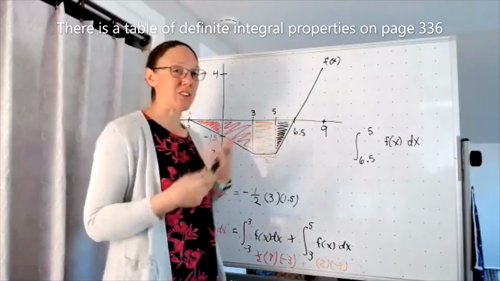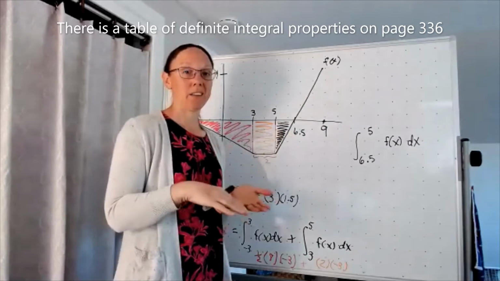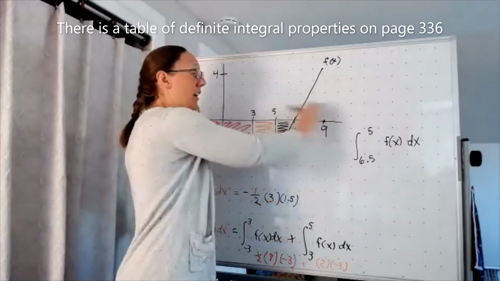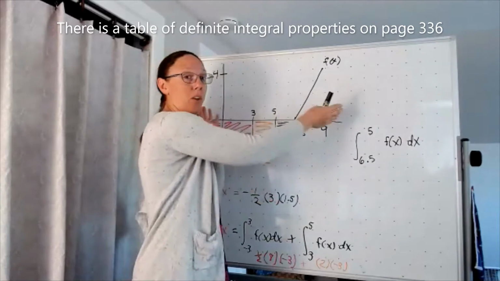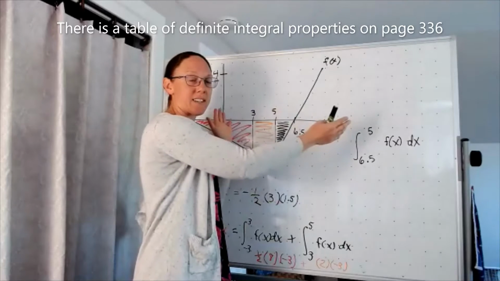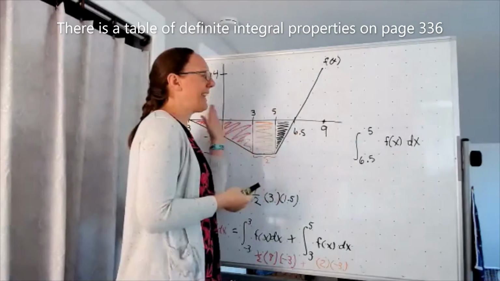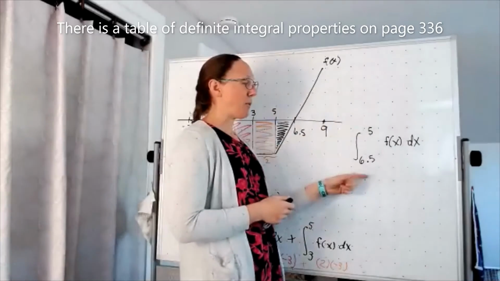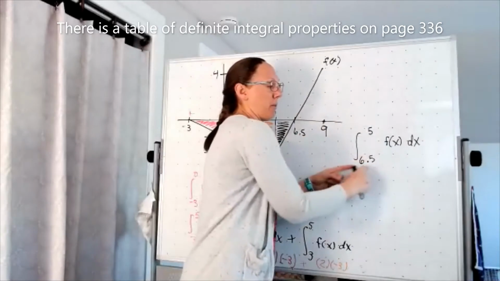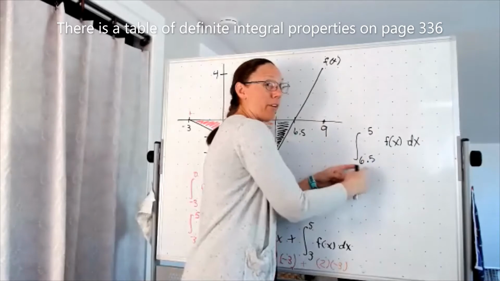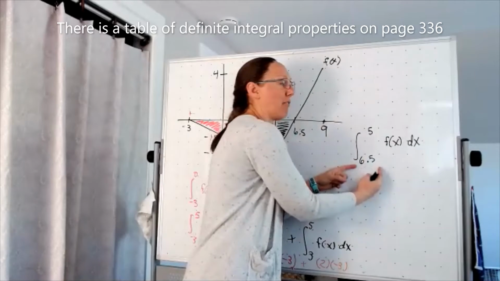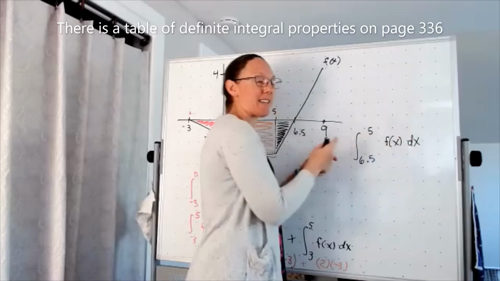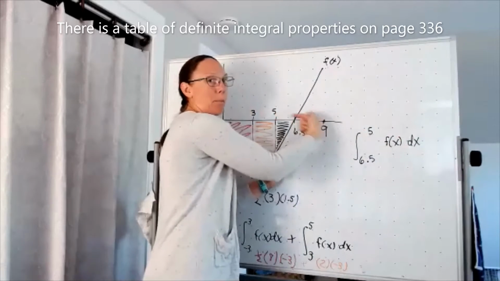But here's the formula part. In English, we read from left to right. And when we talk about a number line or our x-axis, our values increase as we move to the right. Because we read the integral as going from 6.5 to 5, this notation-wise is telling me that I'm going backward.